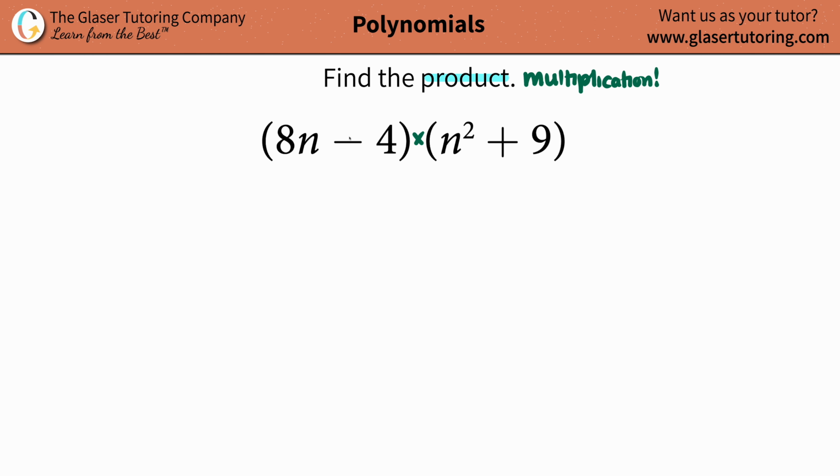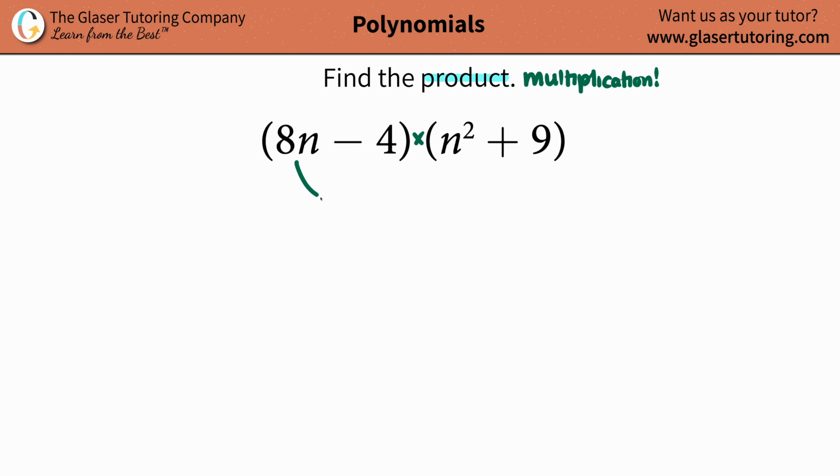So here we go. Now, let's focus in on our first set of parentheses. And just like we read from left to right, let's start from the left and then work our way with the next terms. So we have an 8n here. It's being multiplied, so we know that we're going to multiply the 8n with something.